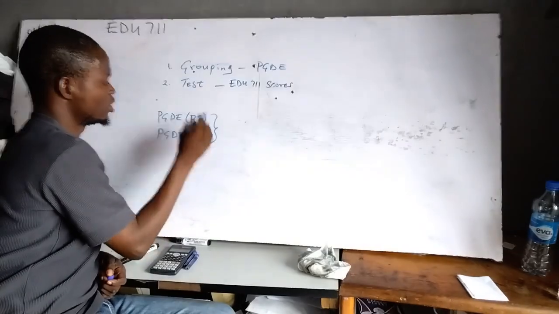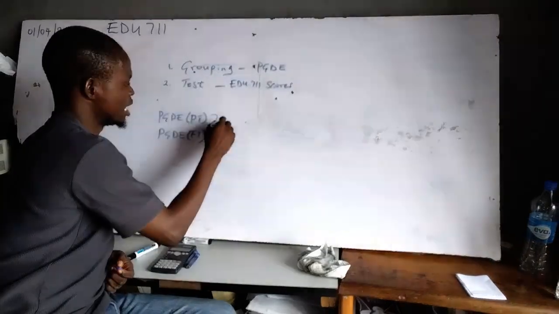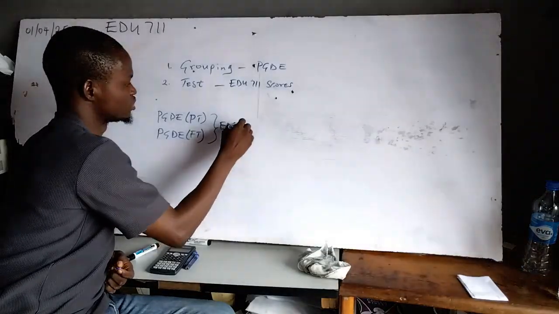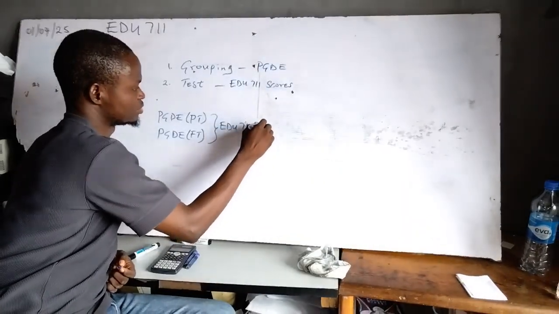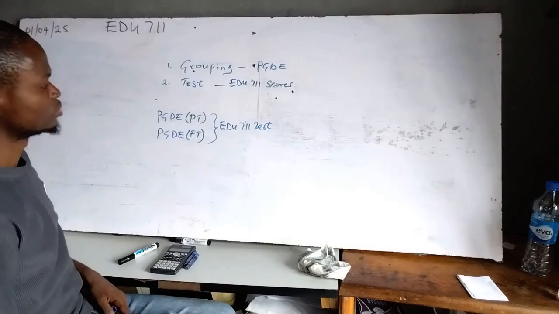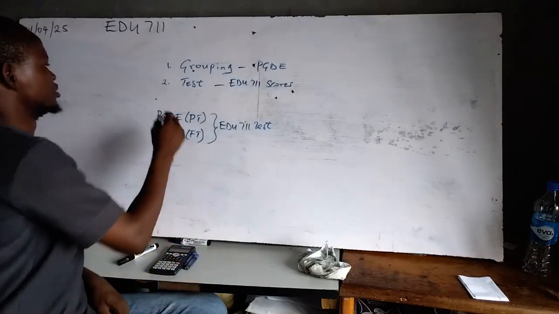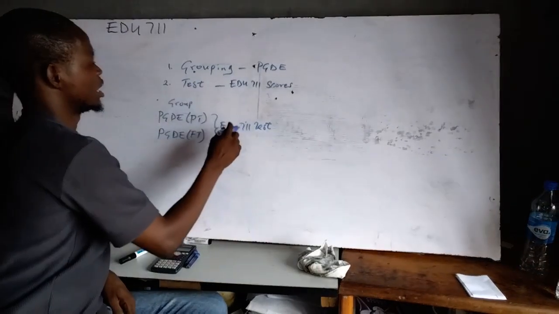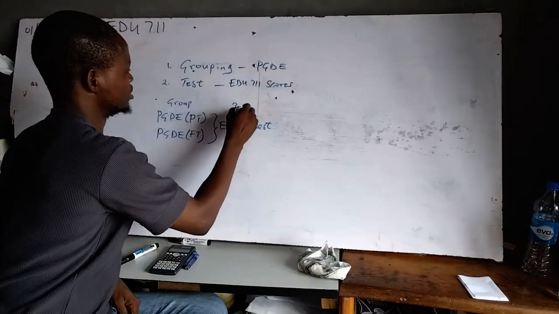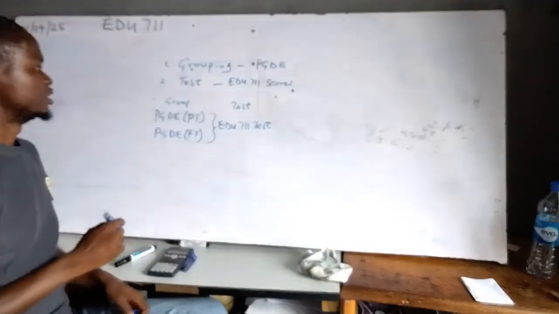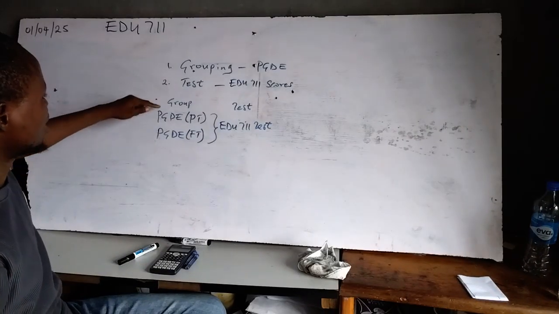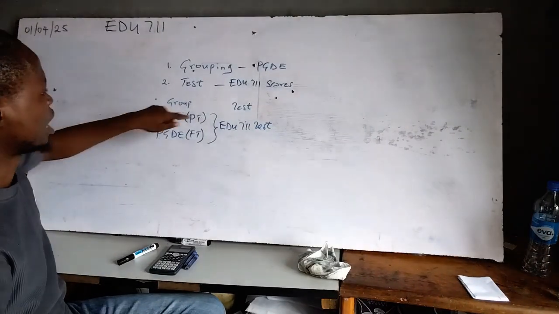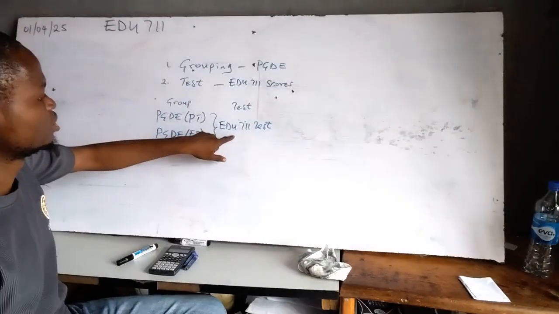Both of them were given EDU 711 tests. So this is the grouping, and this is the tests. In this case, you have two groups and you have just one test.